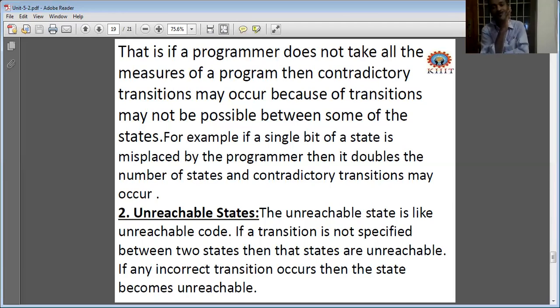That means we are not able to specify a transition, and we can't reach the other state. If any incorrect transition occurs, then the state becomes unreachable.